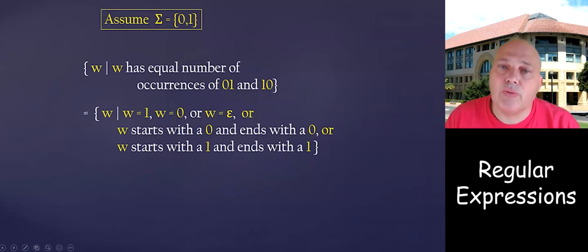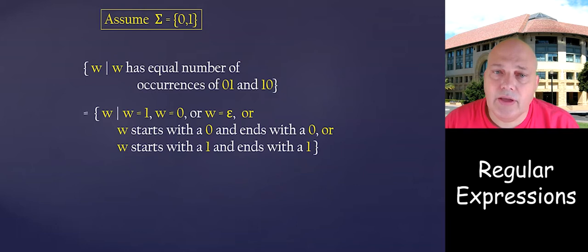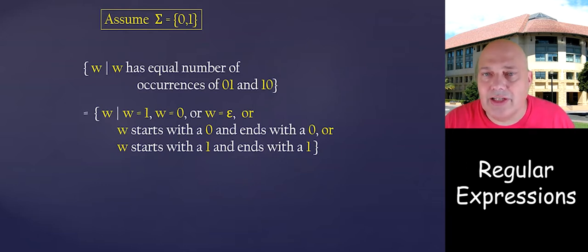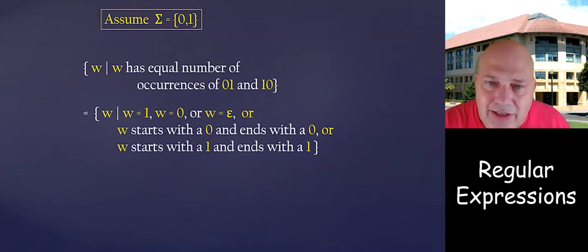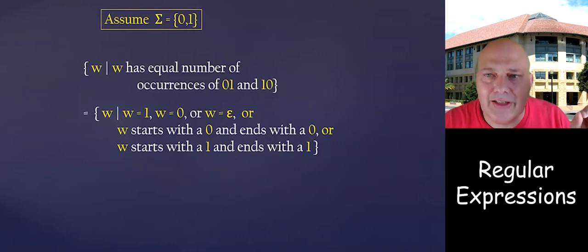For the rest, it turns out that all you need to check is that W starts with a 0 and ends with a 0, or starts with a 1 and ends with a 1. You can show that then you have the same number of 01s and 10s. And the reason is that it doesn't matter how many times you have a 0.